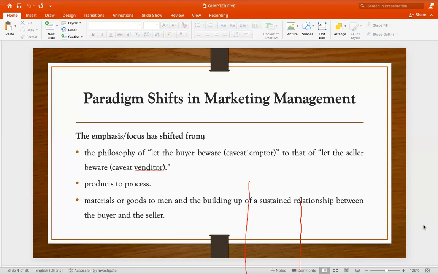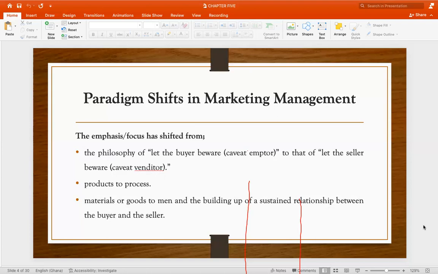The focus has shifted from the philosophy of caveat emptor, let the buyer beware, to let the seller beware. This philosophy tells us that it is not the buyer alone who should be careful.